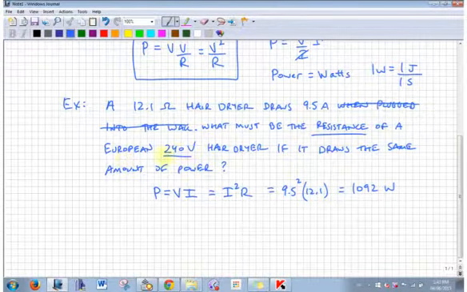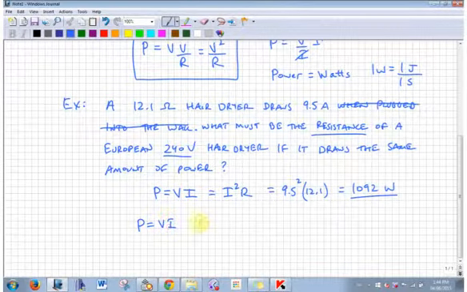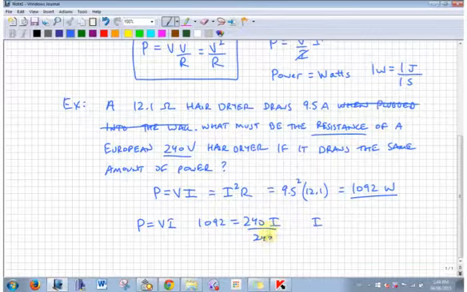What's the resistance of this hairdryer if that's its power? Well, I know power is V times I. And if I know the power and I know the voltage, could I figure out the current? Yeah. So the current is not the resistance, but I can find the current.